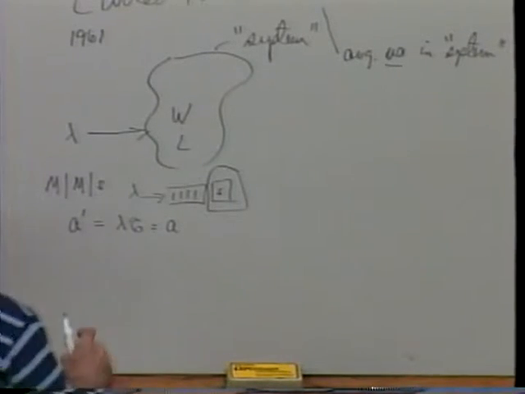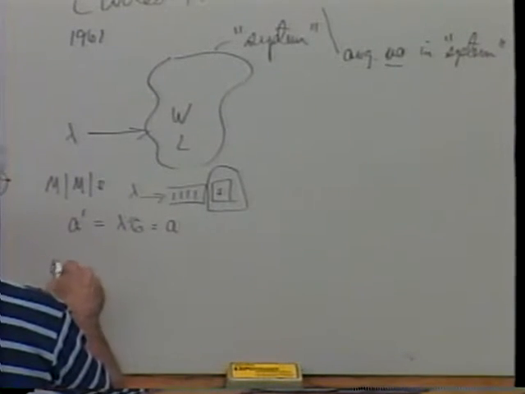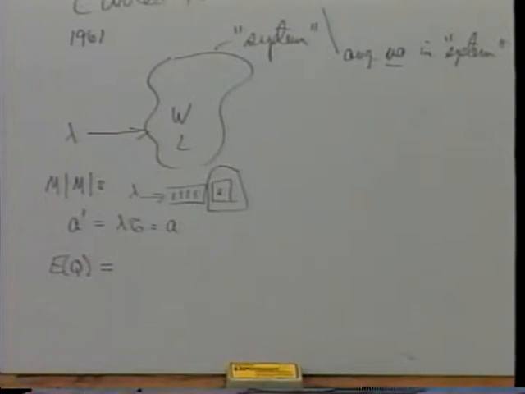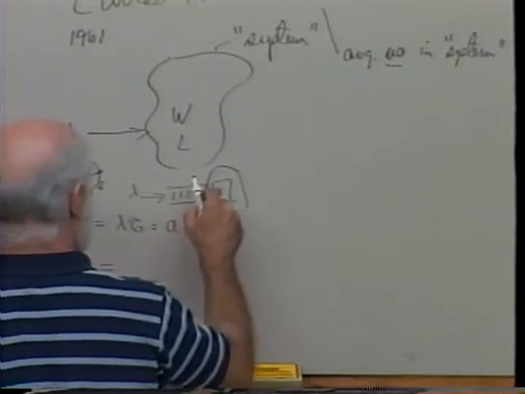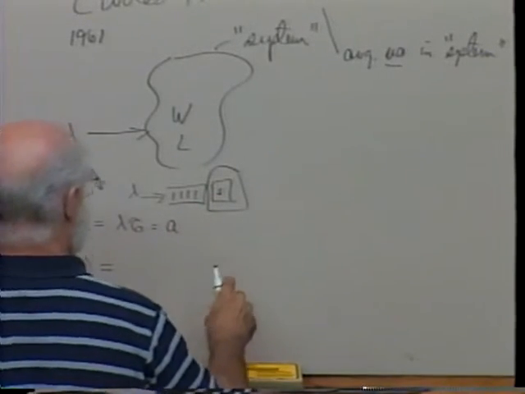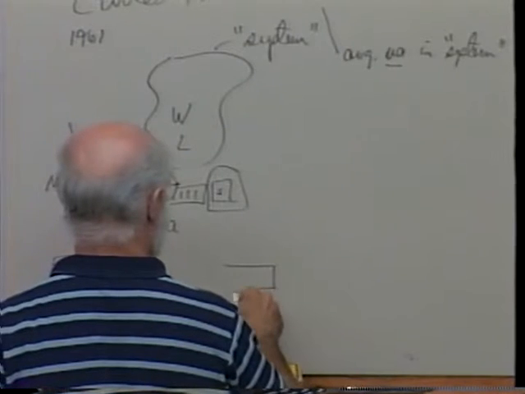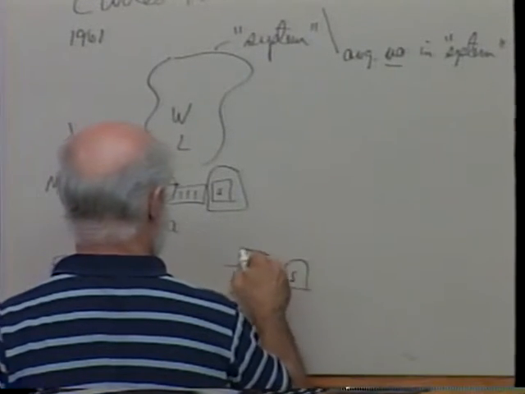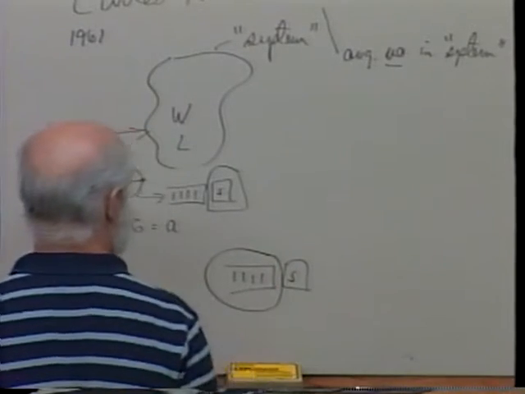Okay, now, what's the expected value of the queue length? That is, on average, how many people are in the queue? Okay, so now I'm going to use Little's theorem, but now I'm going to define my system as the queue, not the servers. So now here's my system.